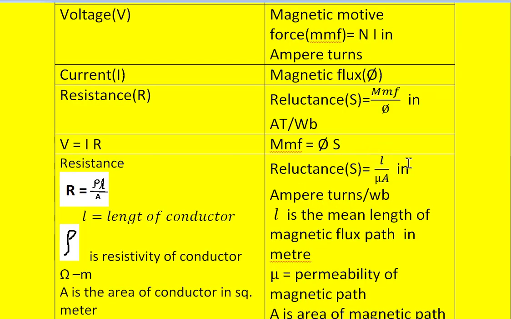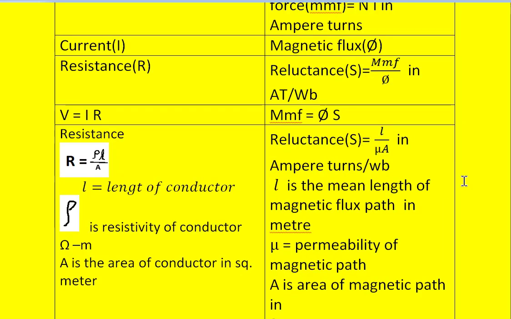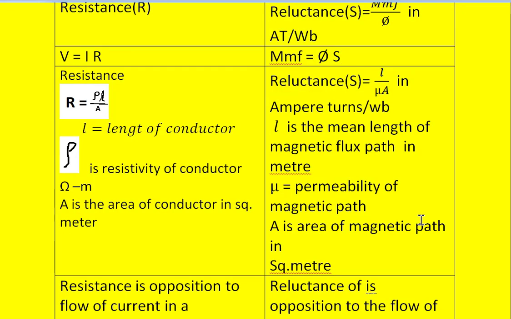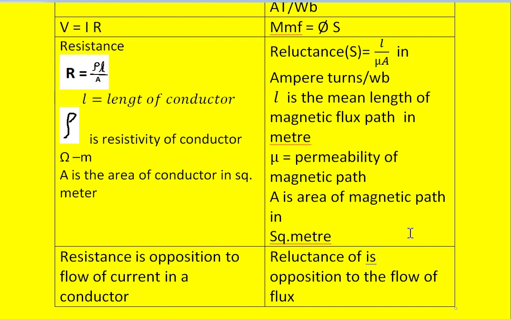Coming to magnetic circuits, the equivalent to resistance is reluctance S, and its formula is L divided by mu into A, with units ampere turns per Weber, where L is the mean length of the magnetic flux path in meters, mu is the permeability of the magnetic path, and A is the area of the magnetic path in square meters.